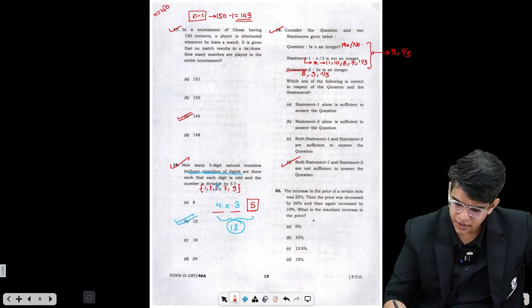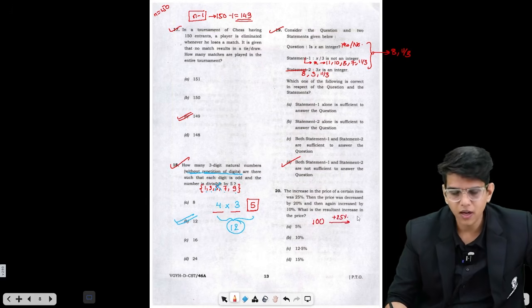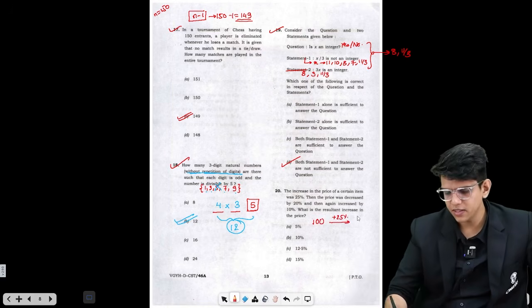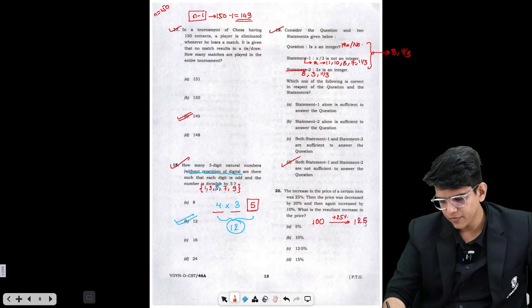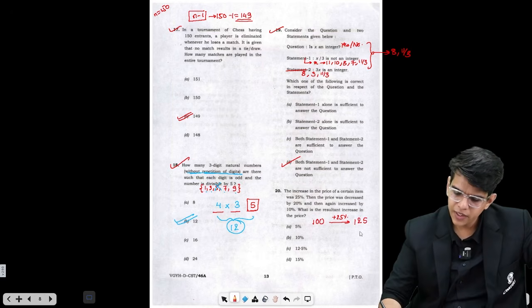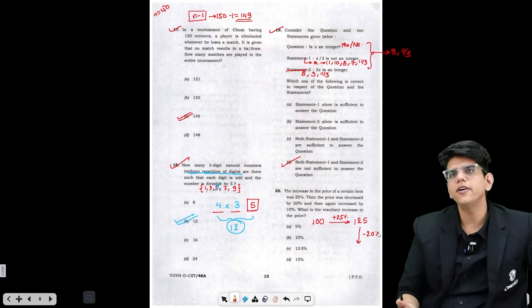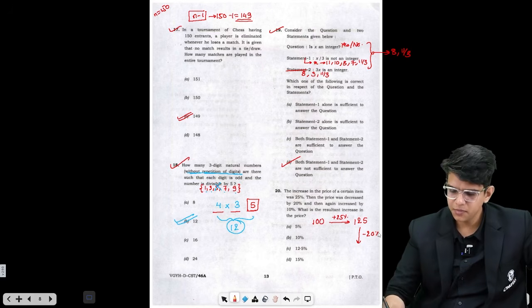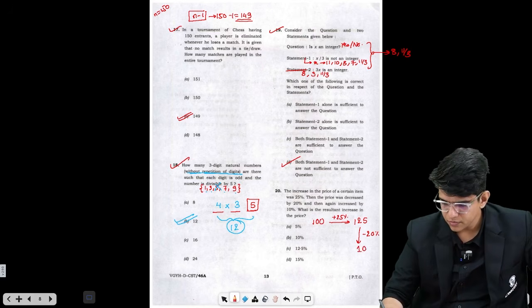So suppose we have taken 100, and we increase this by 25%. When you increase 100 by 25%, it becomes 125. Easy, right? Now the second thing we are doing is decreasing it by 20%. When you decrease 125 by 20%, it becomes 100 again.